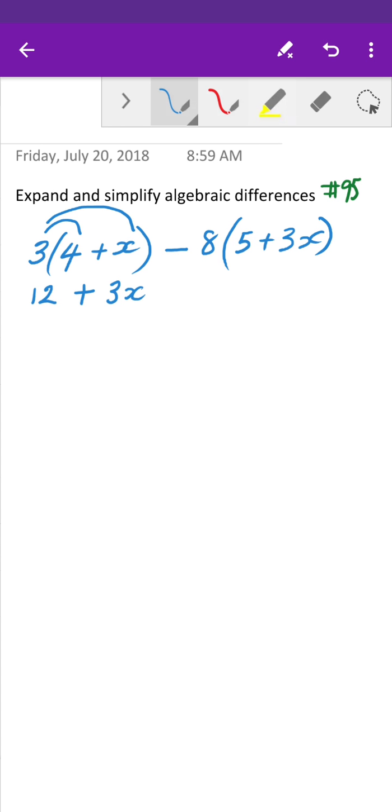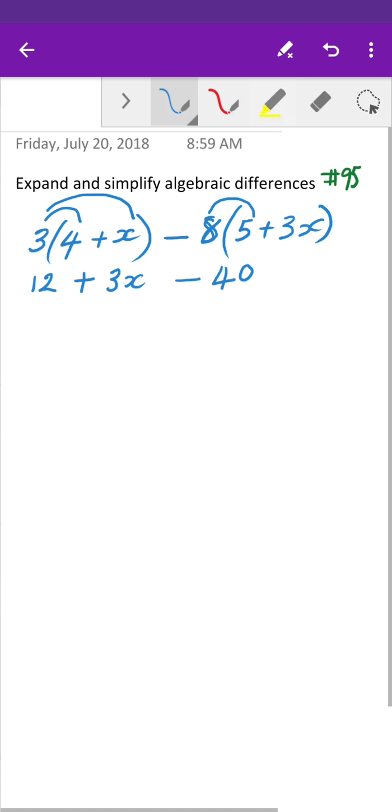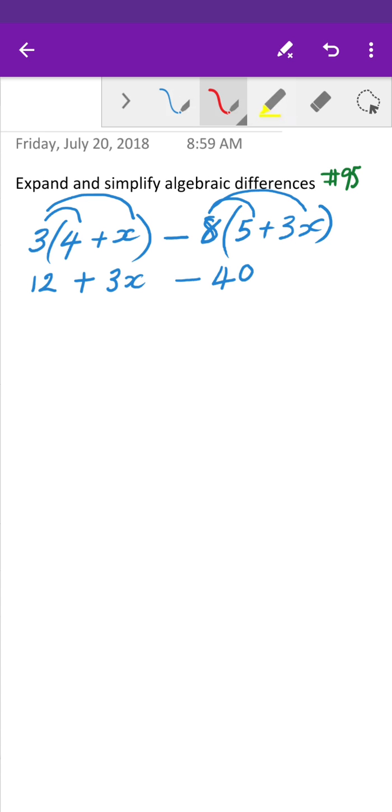Now this negative 8, this is 8 times 5. Now 8 times 5 is 40, but this is a negative 8 and a positive 5, and a negative times a positive is a negative, so we'll put a minus 40. Now 8 times 3x is 24x. It's not positive 8, it's a negative 8 times a positive 3x.